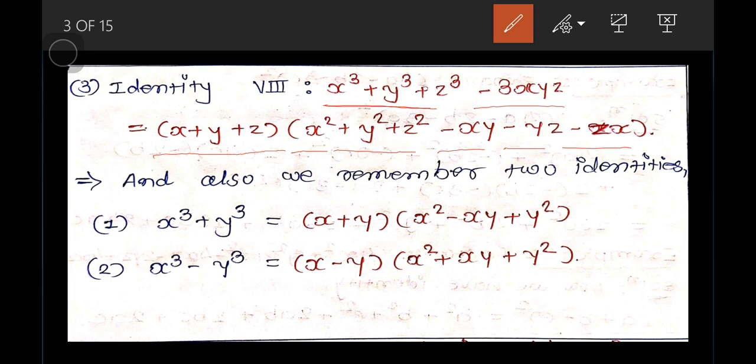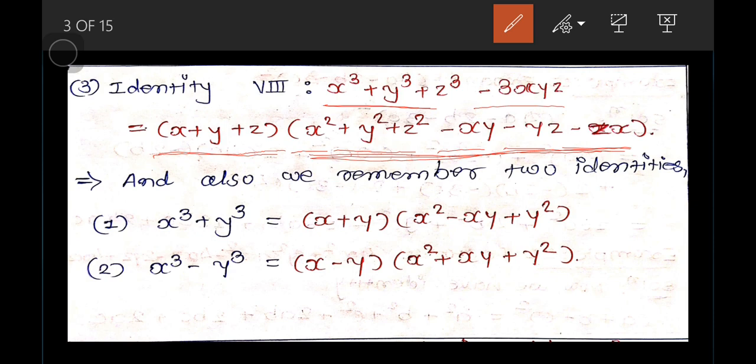And here you can see that in some part it is similar to this identity, but remember, don't try to mix these both identities. So if it is a cubic polynomial, then we can factorize this as (x plus y plus z) into (x square plus y square plus z square minus xy minus yz minus zx).